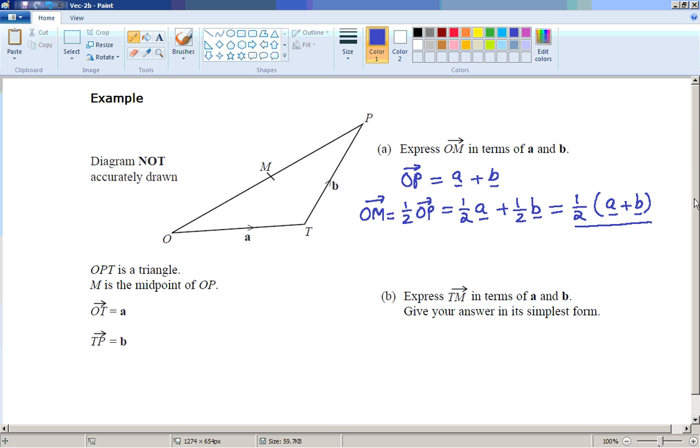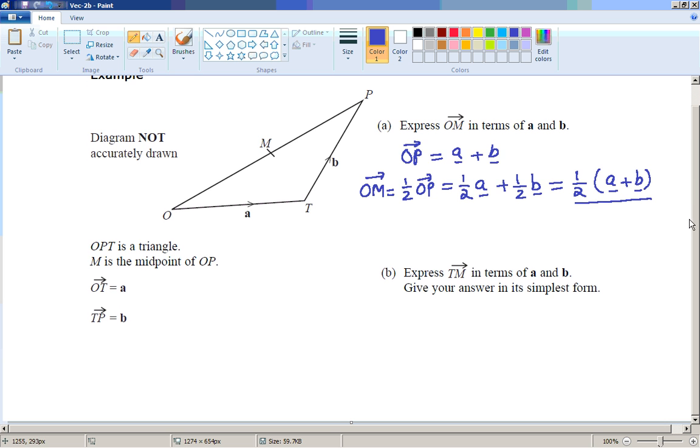Now part B, we need to find vector TM. So here's T and we have to go up to M. So we need this vector.